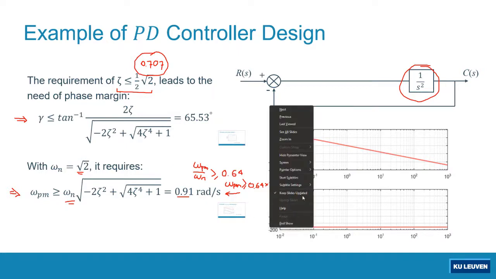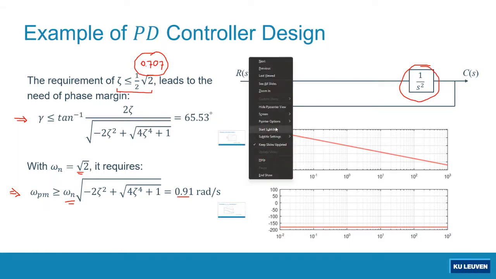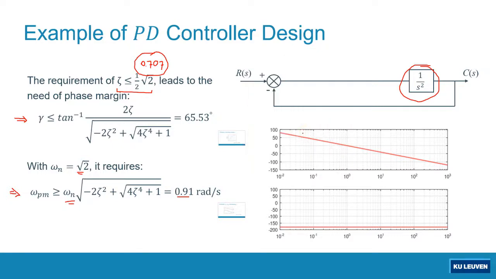But as an engineer, we don't really like a difficult number. Because the second requirement says that the phase margin frequency should be greater than 0.91, I don't really like a complex number. What I mean by complex number is not a pretty number.